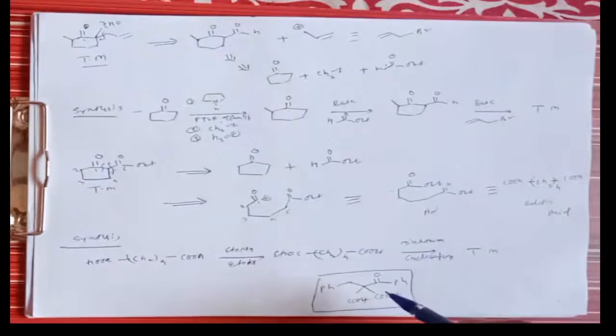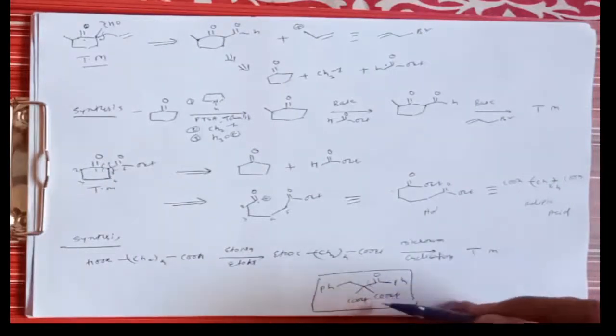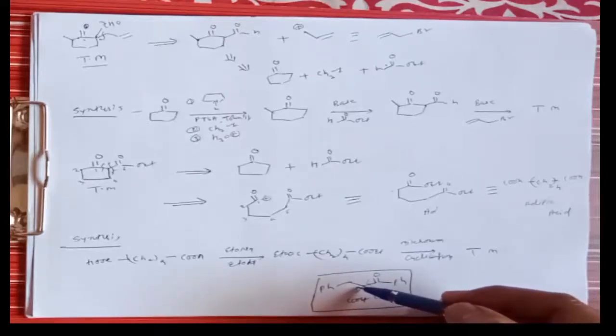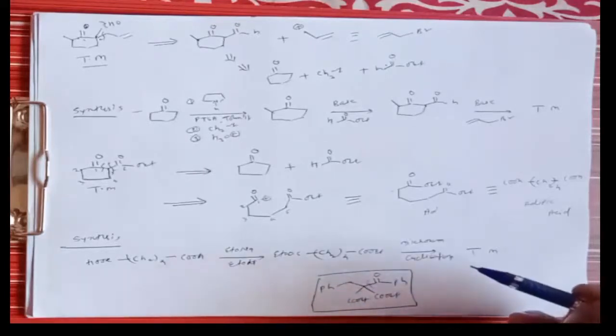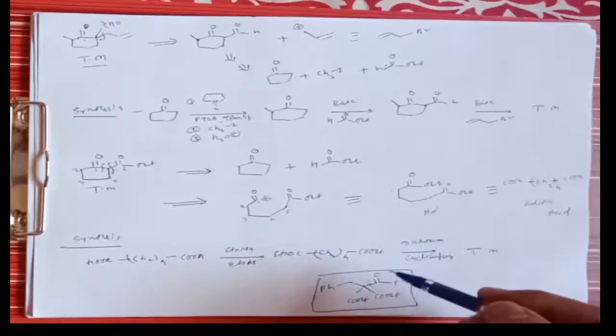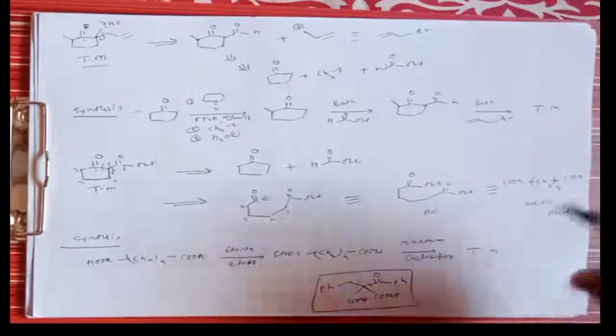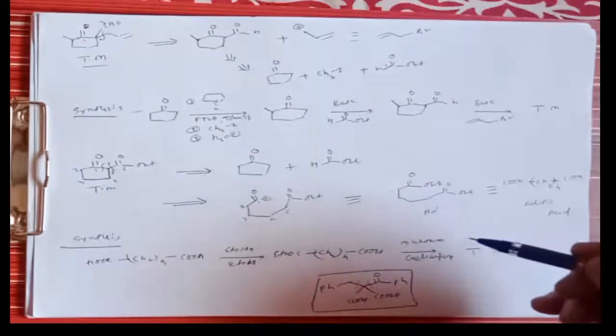Here we have a 1,3-dicarbonyl pattern. Either you can break this molecule at this position and again go for the 1,3-dicarbonyl pattern, or you can break this molecule at this position and at this position. Whatever you want, you have to try this molecule and submit it to me.